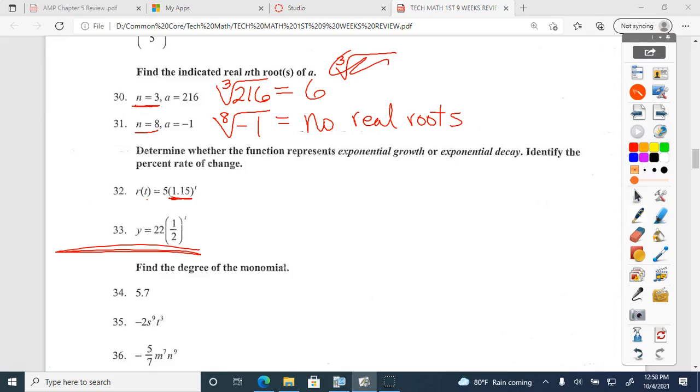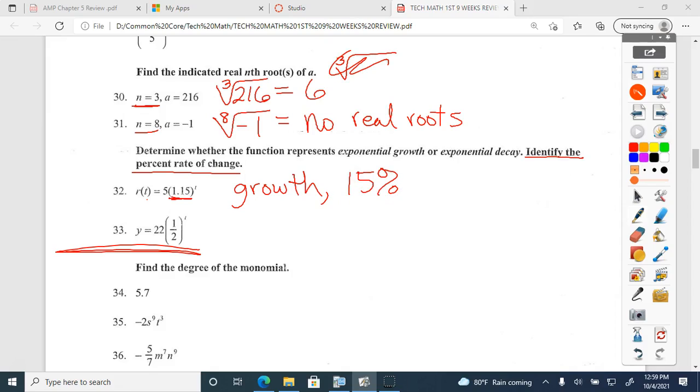Yeah. So this would be growth. Now, don't forget to identify the rate of change. How much percent rate of change? How much is it growing by? It's 15 more than 1, so that's 15% growth.